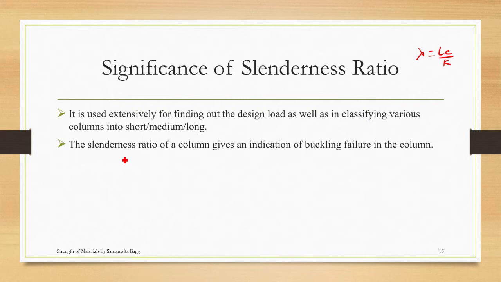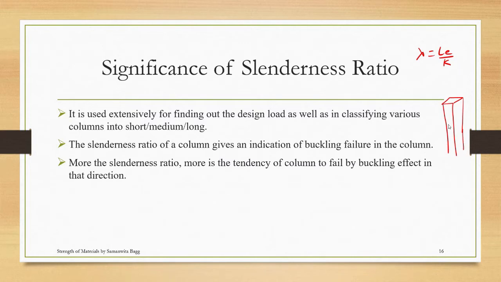The slenderness ratio of a column gives an indication of buckling failure in the column. Now, if a column is very slender, which means it is quite tall or its height is quite greater as compared to its width, then we can say that the column is long and it is going to fail under buckling.